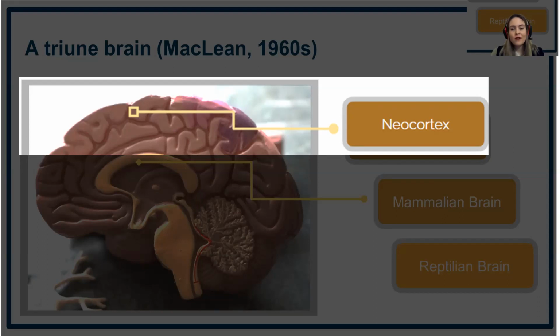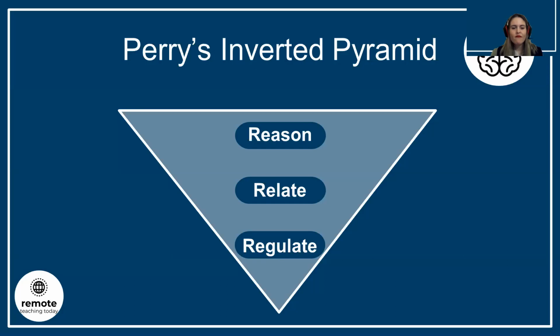Right, and now we are going to move to Perry's inverted pyramid. If you look at this inverted pyramid, you can see that we can draw a parallelism with the previous model, in the sense that the neocortex is in charge of the abstract processing.